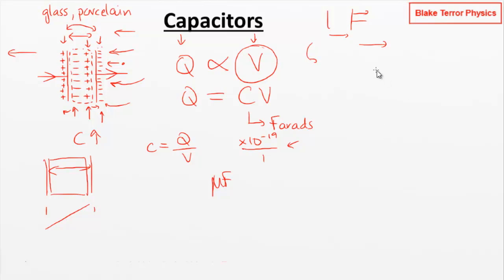They can also be used for splitting AC and DC. So you might have an electricity supply which has got both AC and DC in it. And we saw in some of the circuit analysis videos that I've done that these things can overlap.